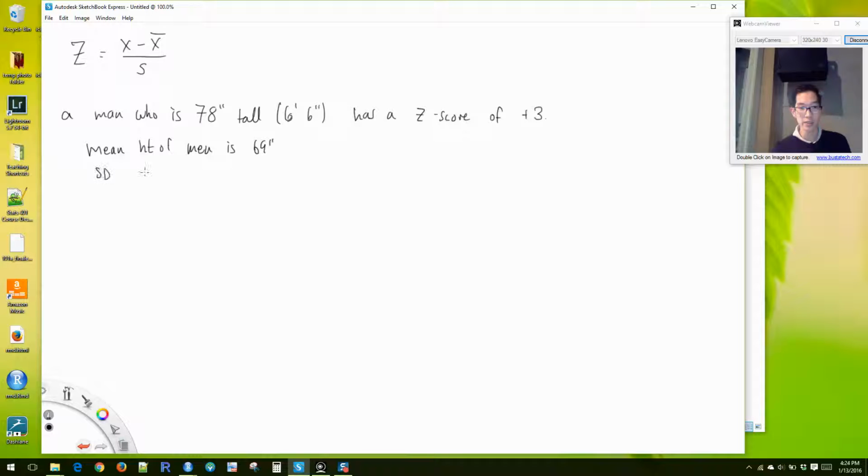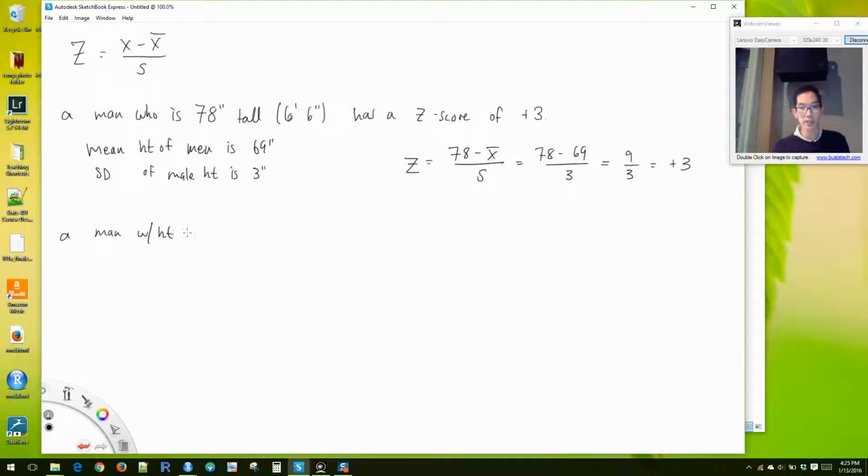The standard deviation of male height is 3 inches, okay? So our Z is 78 minus x bar over s. So we have 78 minus 69 divided by 3, 9 over 3, a Z-score of +3, okay?